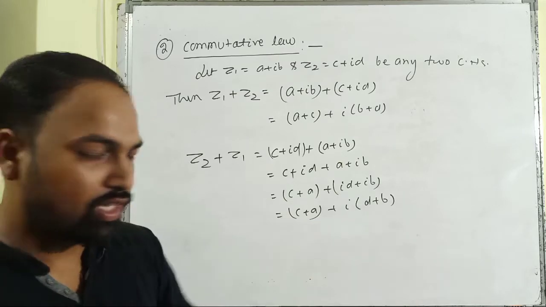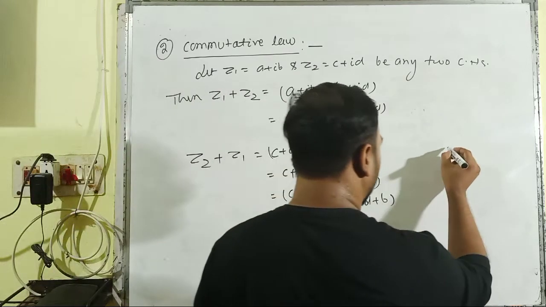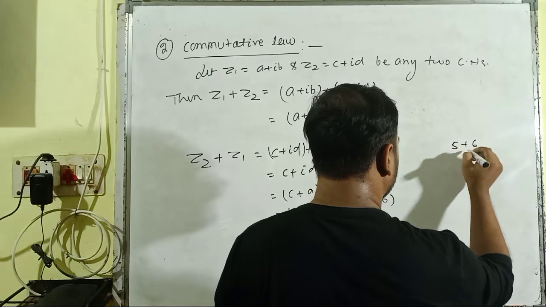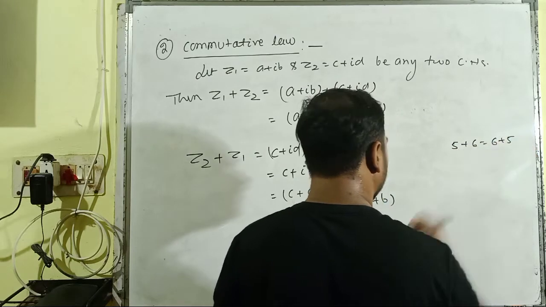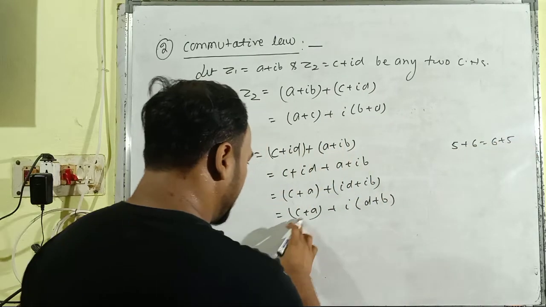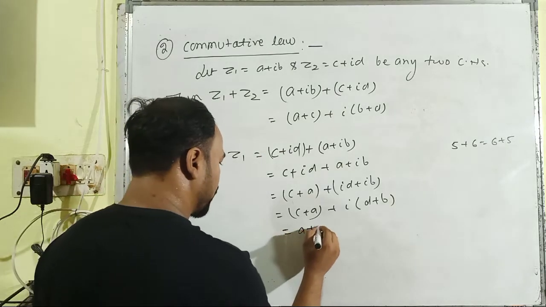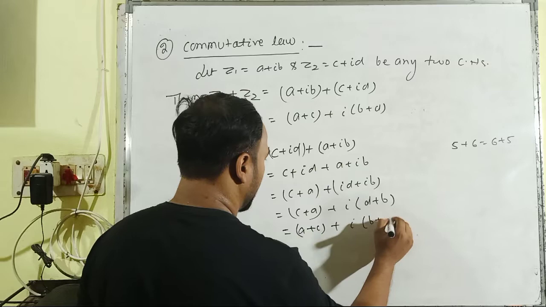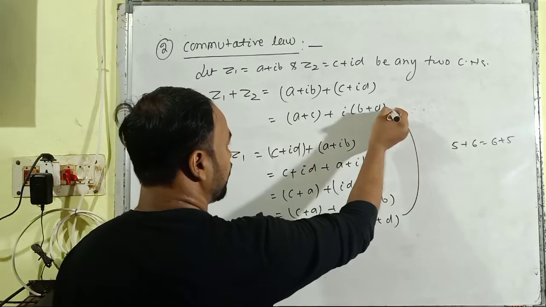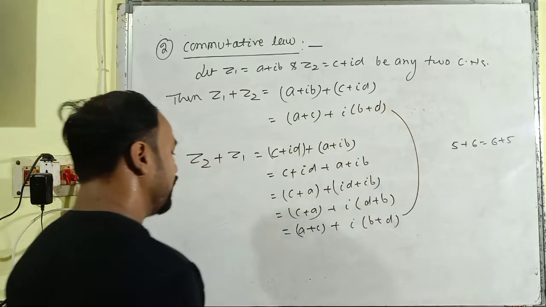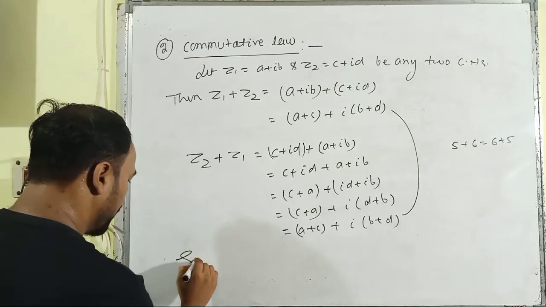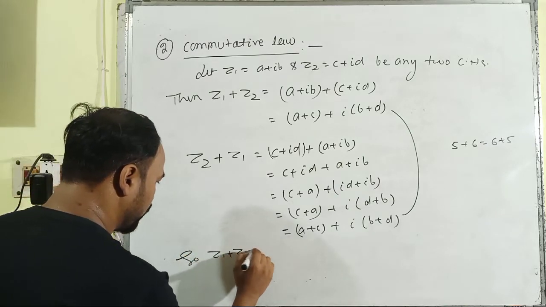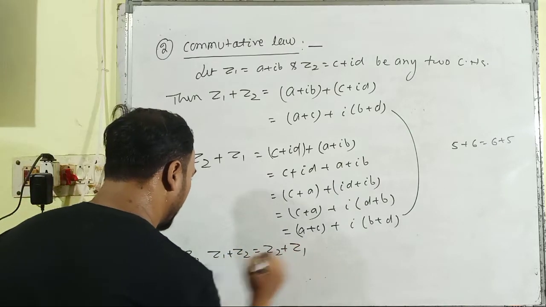And in the set of real numbers, we have already studied that 5 plus 6 is equal to 6 plus 5. Similarly, c plus a is equal to a plus c, plus i into b plus d, and you can see that both of them are equal. So Z1 plus Z2 is equal to Z2 plus Z1.